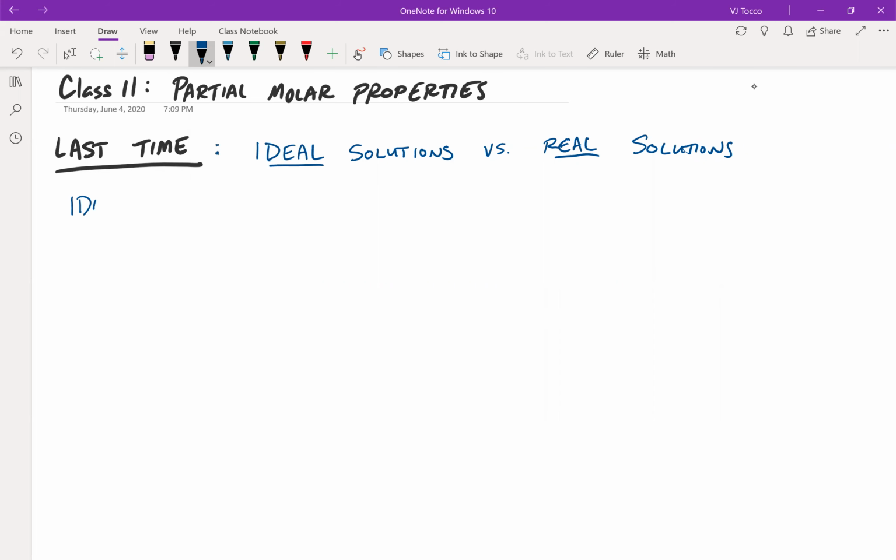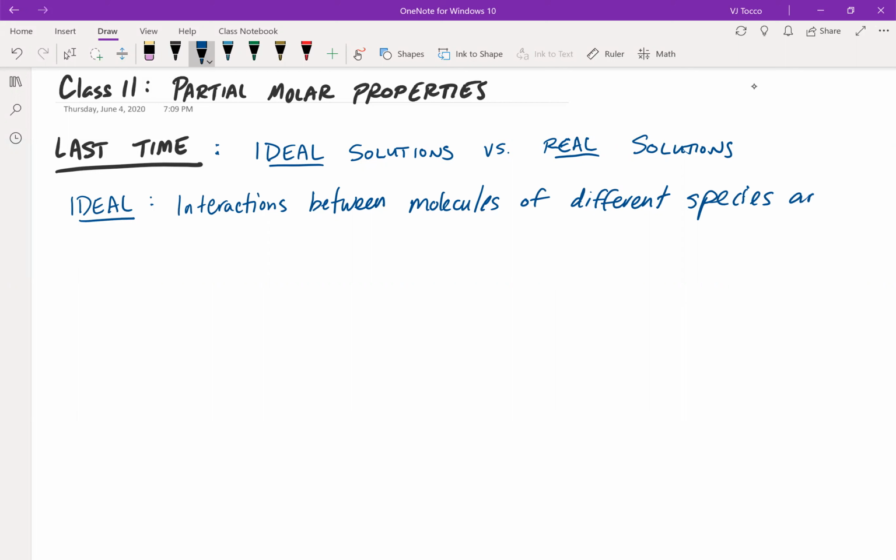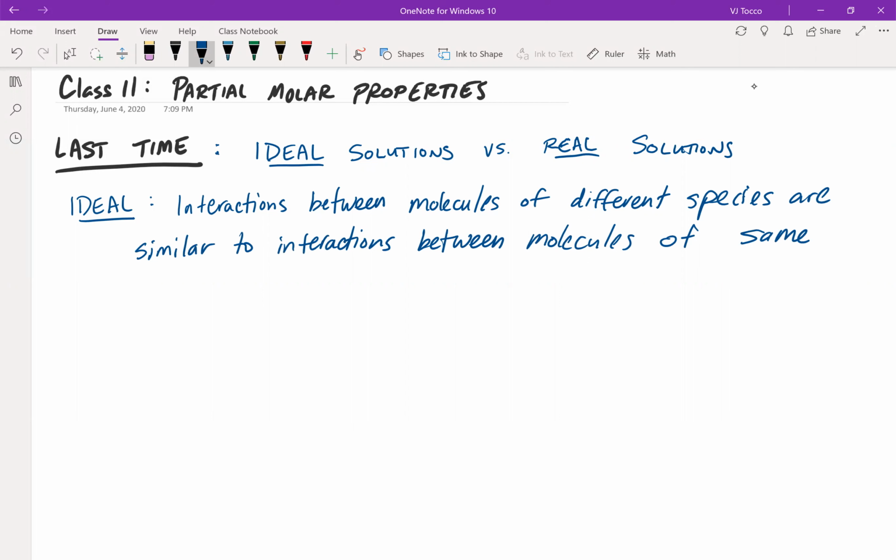For an ideal solution, remember the main assumption is that the interaction between molecules of different species are similar to interactions between molecules of the same species. And for a real solution, that may or may not be the case.